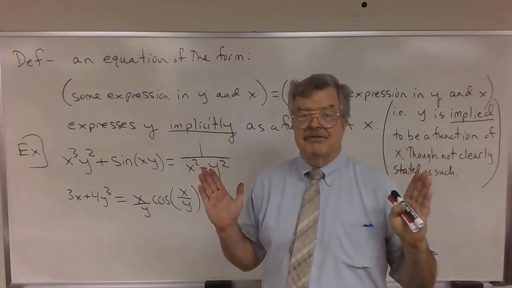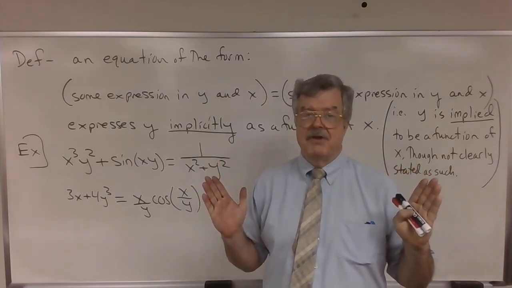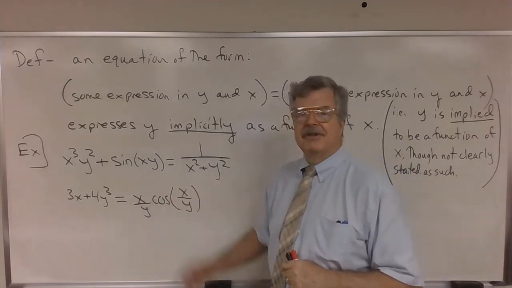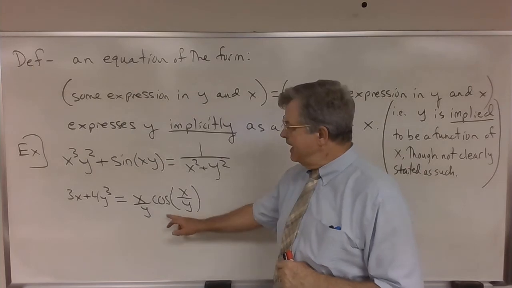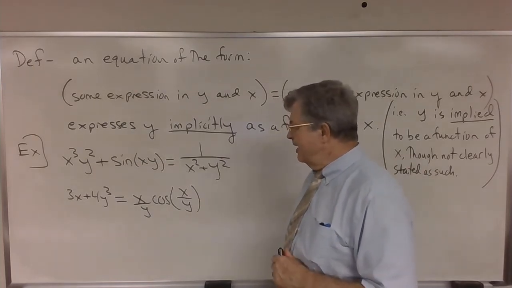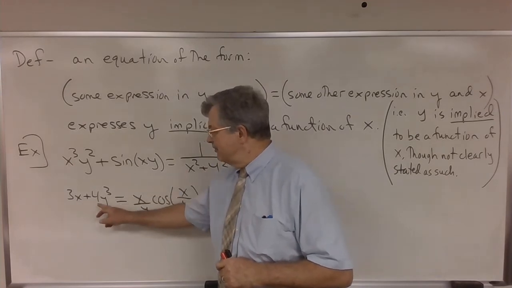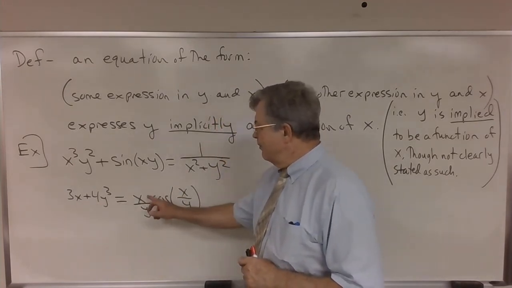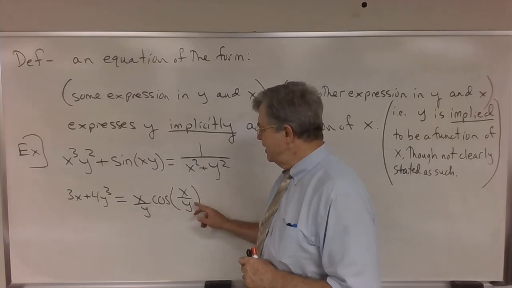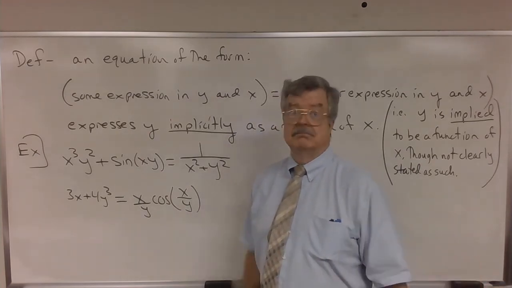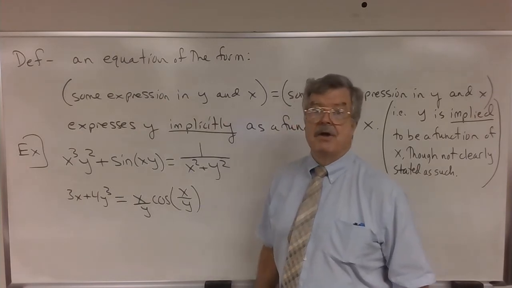Same thing here. Let's let x equal 1. So we have 3 plus 4y cubed over 1 over y times cosine of 1 over y. What's y equal to? We don't know.